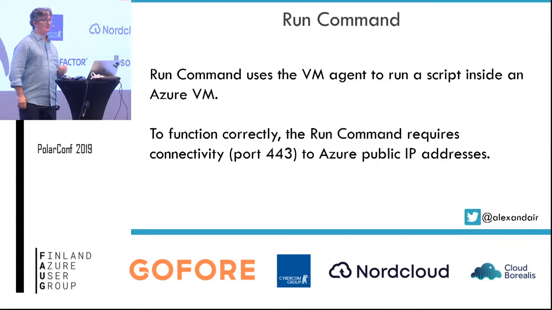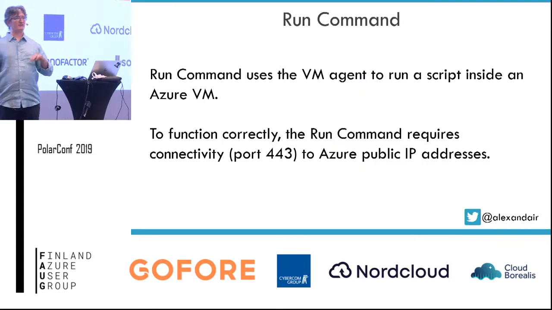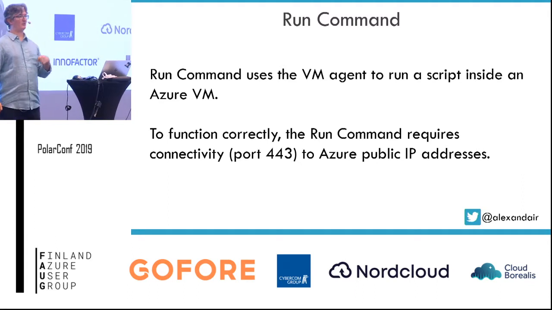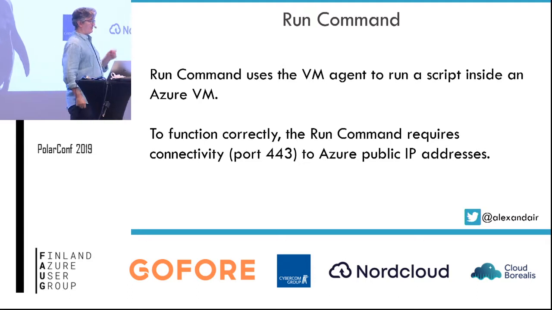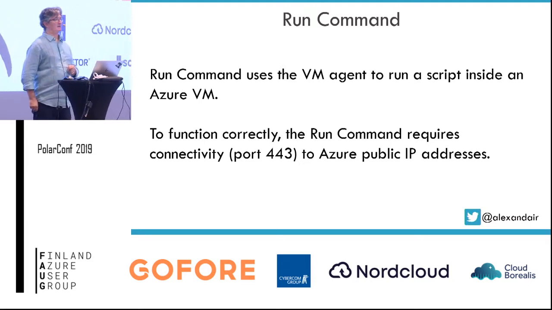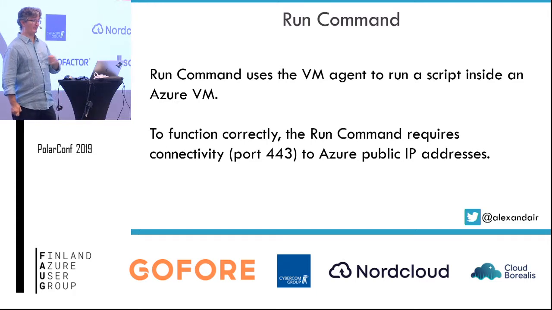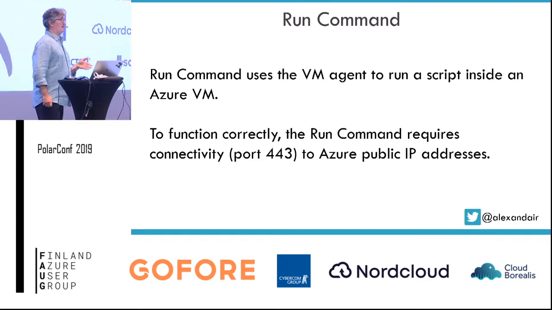There's one interesting way to run scripts. That feature is called run command. And it's now used by something that is kind of in preview still, that I will show you a little bit later. So this is why I want you to kind of know about this one. It also depends on that VM agent on a machine.